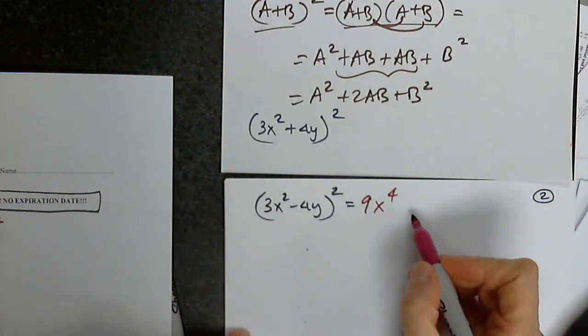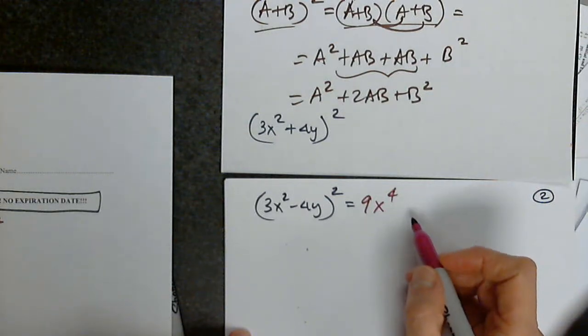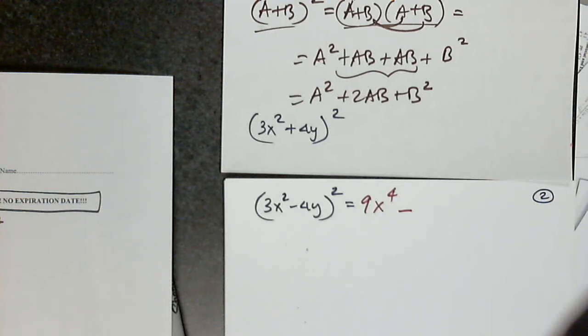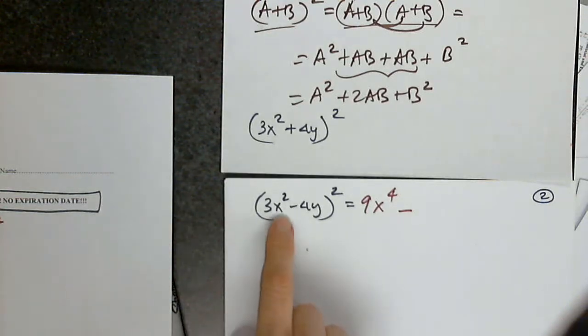Good. Now, do I write plus or minus? Minus. Remember 2 from the formula times the first times the second. Multiply the first by the second. How much? 12x squared y.